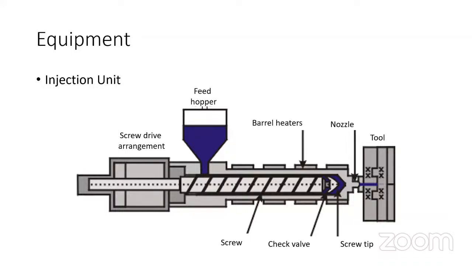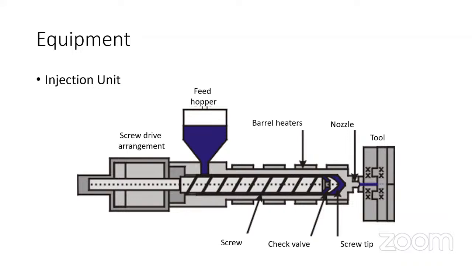What are the components present in the injection unit that we are going to discuss today? Because if you know the machine, then you can understand the process easily. What are the components of the machine? I told you the machine is divided into two parts, injection as well as clamping unit.